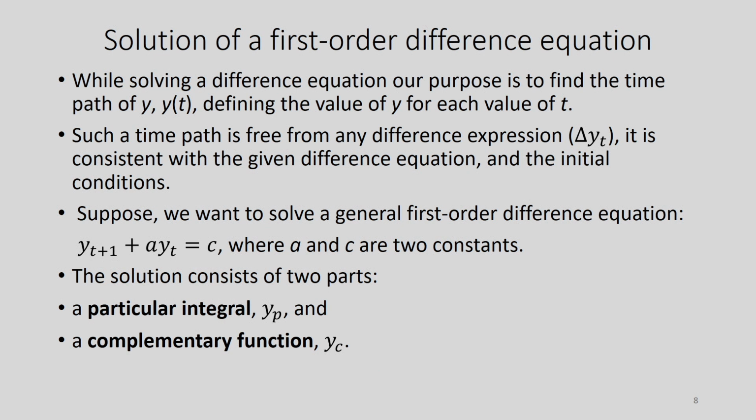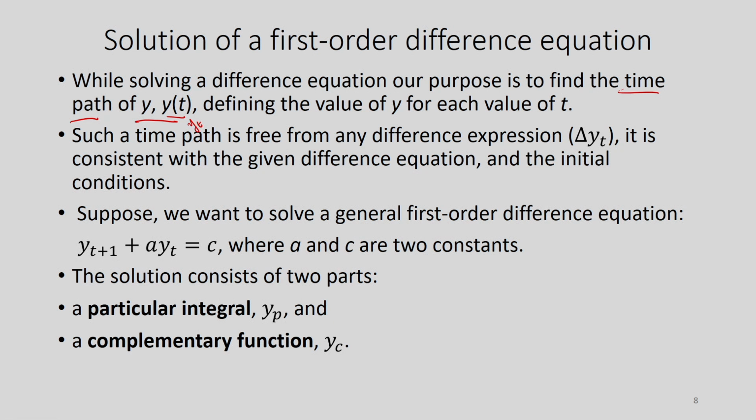Okay, here is the general method, solution of a first order difference equation. While solving a difference equation, our purpose is to find the time path of y. This is a new term I am using, time path, and this is denoted by y t, and we have seen that y t is also written as y subscript t.